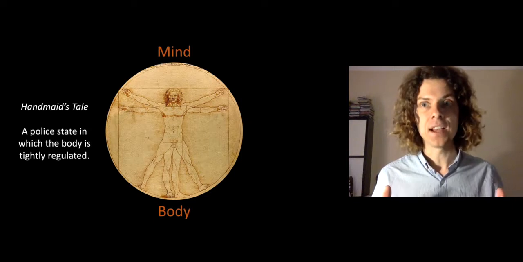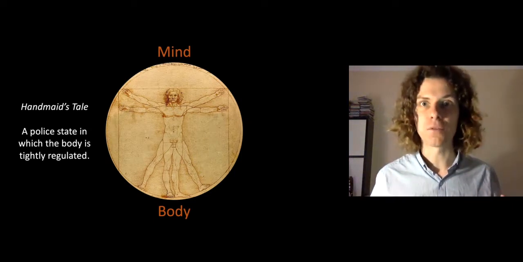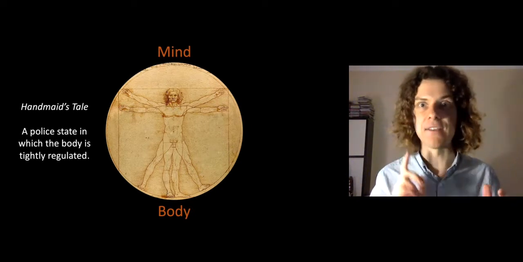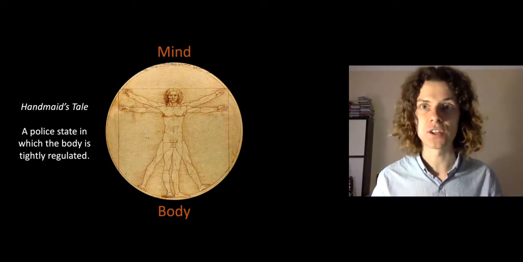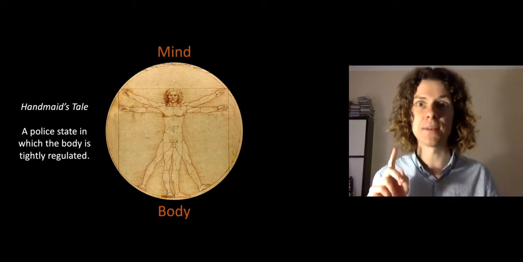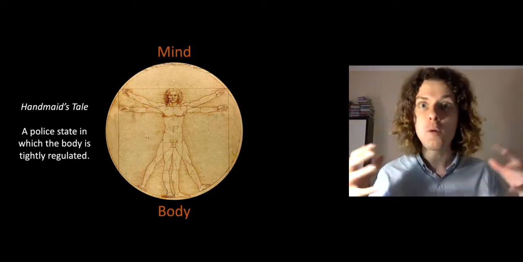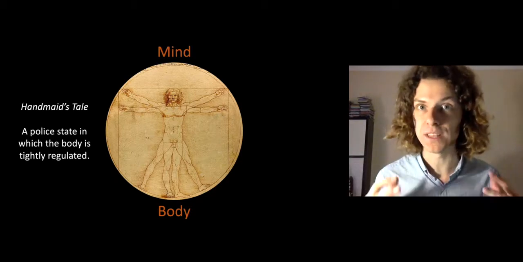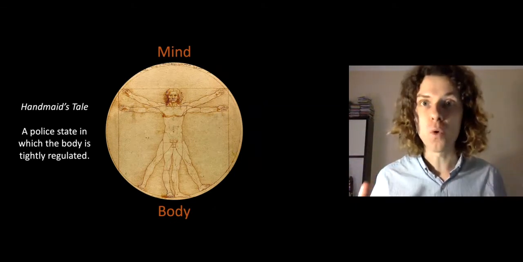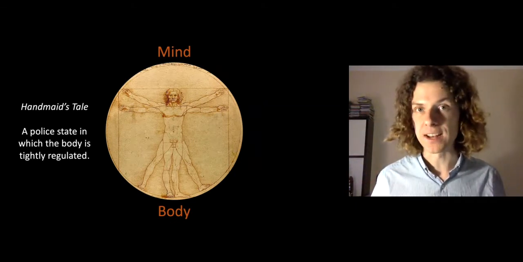And in order to make this work, the handmaids like Offred are dehumanized. They have their name taken away, they're made to wear certain clothes, they're made to live in certain places, they're made to act in certain ways. There's a whole bunch of rules that controls what they can do with their bodies. And those rules are enforced by a brutal police state.